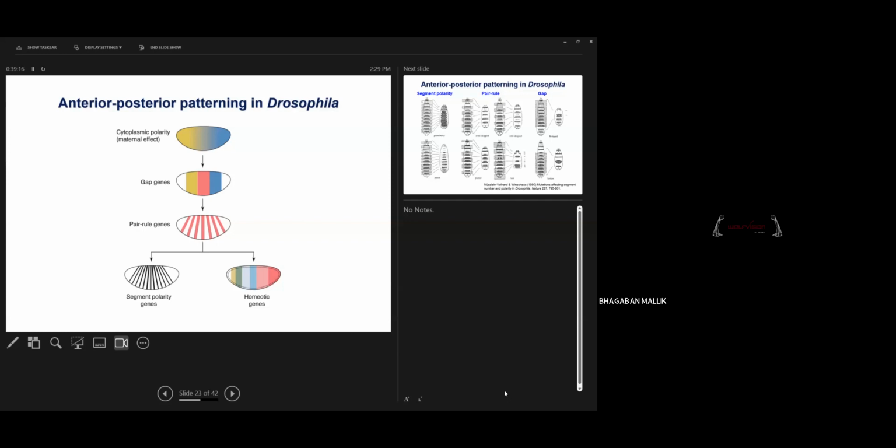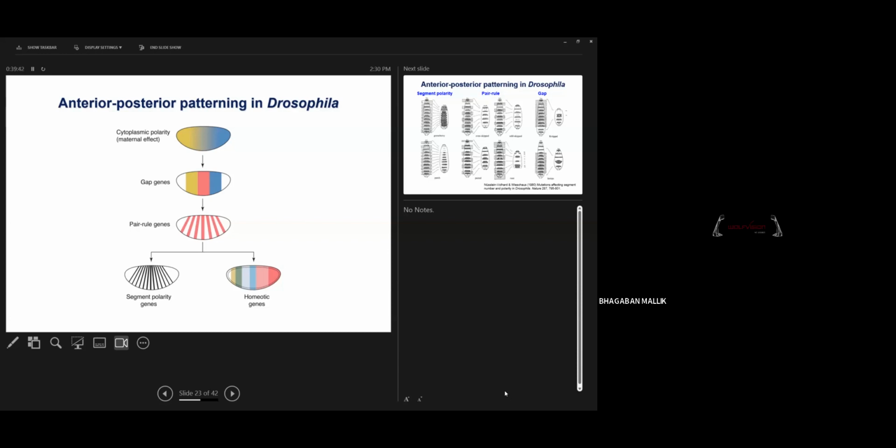When gap genes are expressed, they activate the pair-rule genes. Now the pair-rule genes activate the segment polarity genes and homeotic genes. So it's a cascade, where the expression of one set of genes activates the next set of genes.